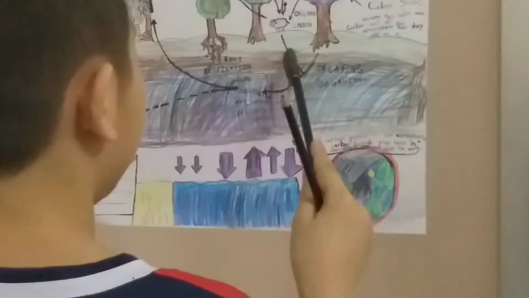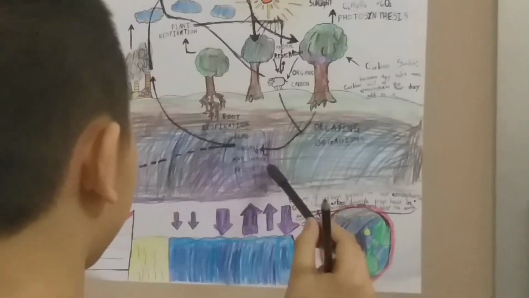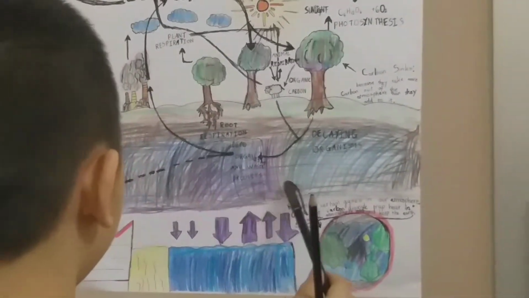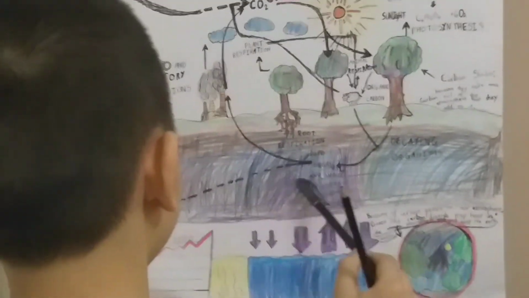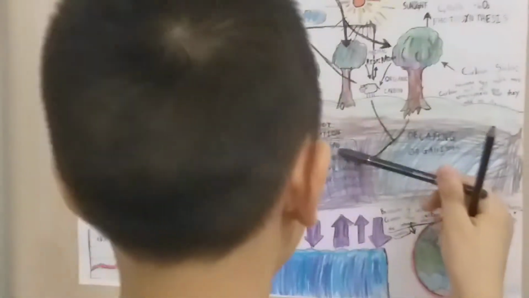But sometimes they die. Decaying organisms die, and then they go to volcanic eruptions or factories.